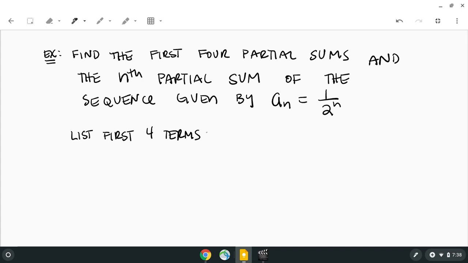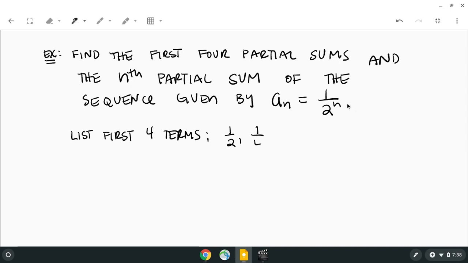To get the first term, let's plug in 1 for n, and we get 1 over 2. To get the second term, plug in 2 for n, and we get 1 over 4.